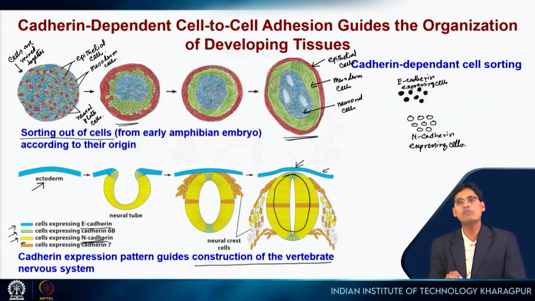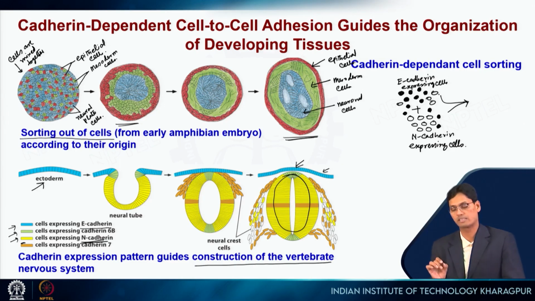Now if you mix together these two cell types, as a result you will see a scenario where everything is mixed together, N-cadherin expressing cells and E-cadherin expressing cells, but it will be sorted out soon.